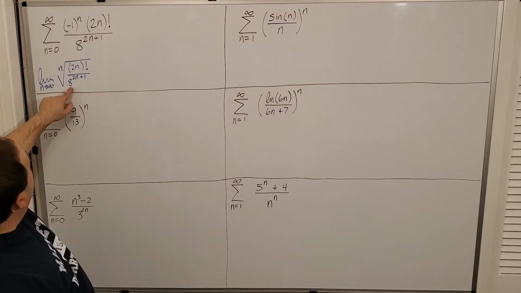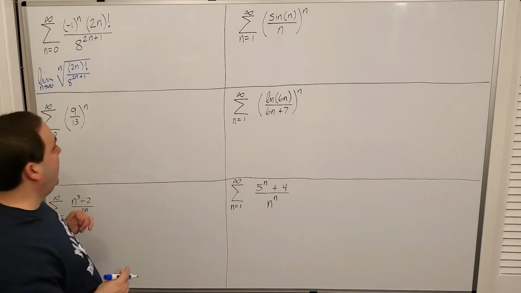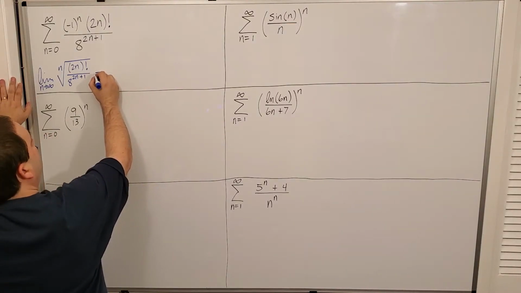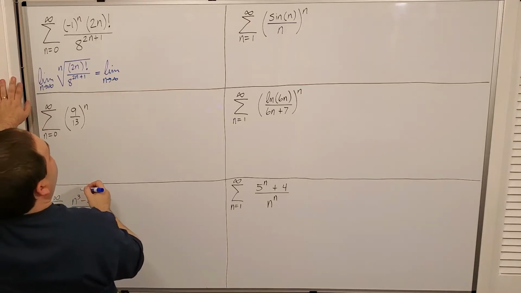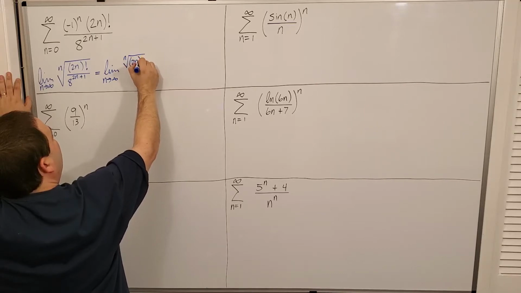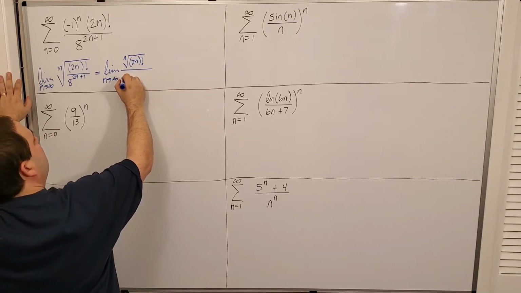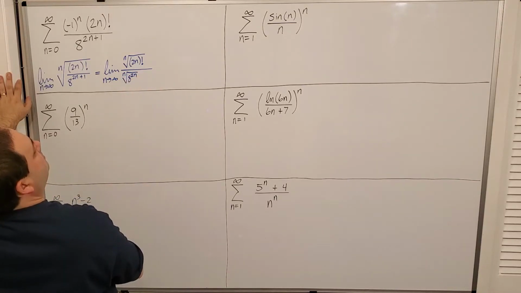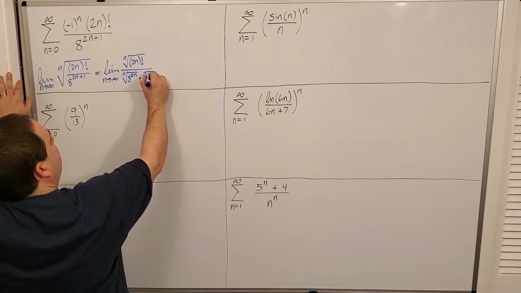And then also the 8 to the 2n, and then I'll have 8 to the 1 that I'm going to separate through multiplication. So I've got limit as n goes to infinity of the nth root of 2n factorial over the nth root of 8 to the 2n times nth root of 8.